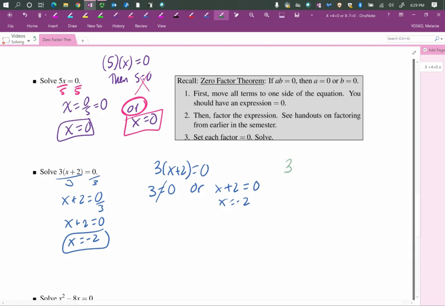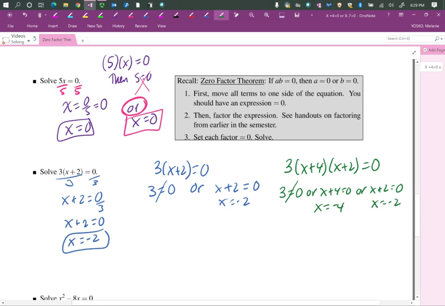Let's add one more piece. 3 times x plus 4 times x plus 2 equals 0. Well then, 3 is equal to 0, or x plus 4 is equal to 0, or x plus 2 is equal to 0. Again, this one isn't going to work. So these are your answer choices. Okay?